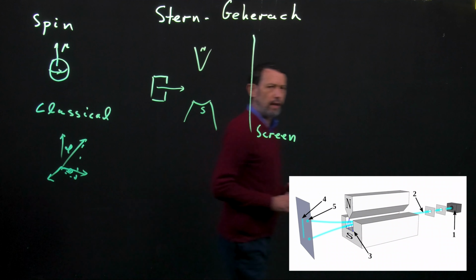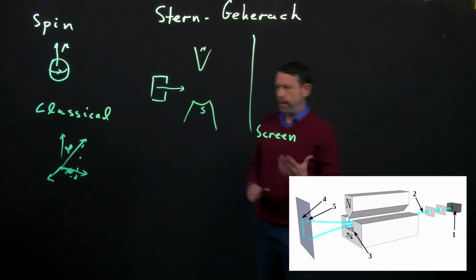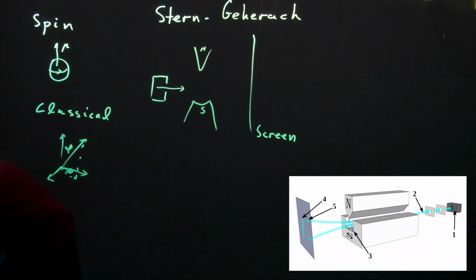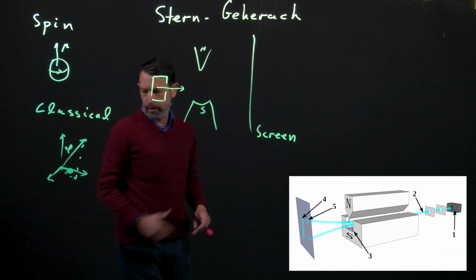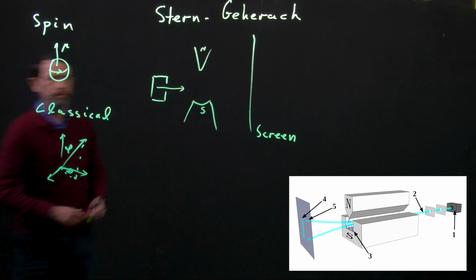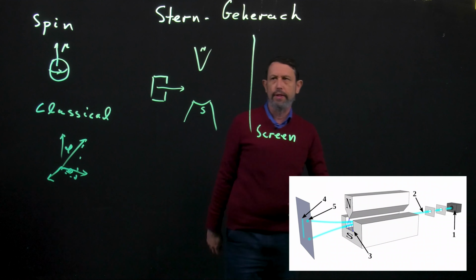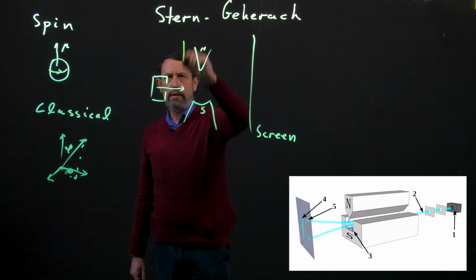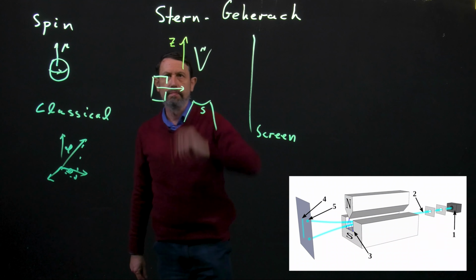Their expectation was that the spin will couple with the magnetic field, and let's call this the z direction.